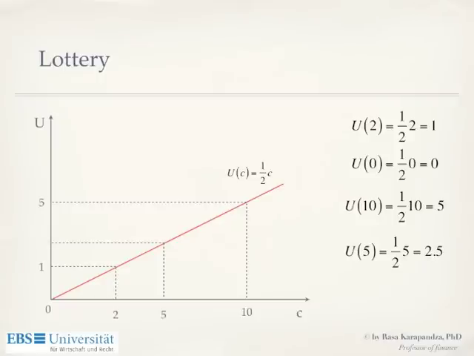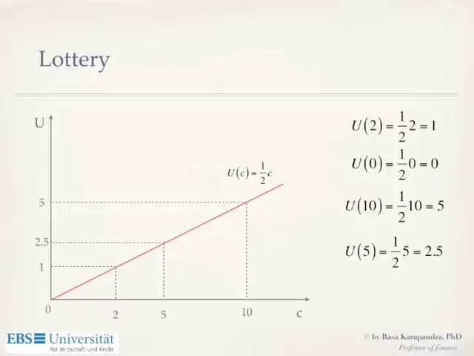Now, let's try to think about this and see what we learn from this example, and how it relates to the quiz that I have given you. Imagine that in the quiz you were winning cookies. So you can win 5 cookies for sure, or you can win 10 cookies with probability 1/2 and 0 cookies with probability 1/2.